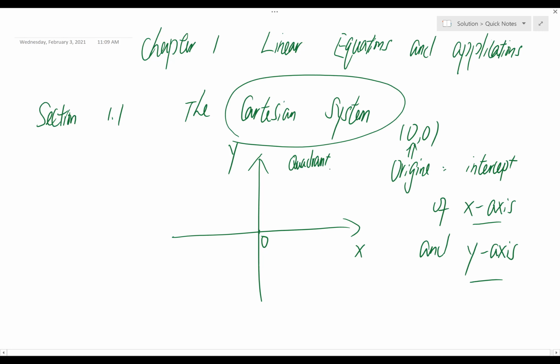So we're going counterclockwise to set up those 4 quadrants. So quadrant number 1 and counterclockwise, this will be quadrant number 2. And this is quadrant number 3. And then the last quadrant is quadrant number 4.